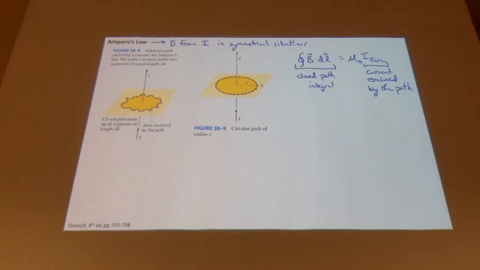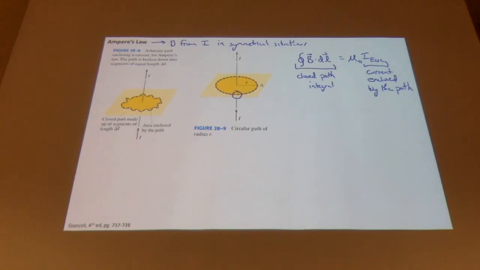You will notice that they have decided to draw a little path that goes around the current, around the wire that's containing the current. That path forms a circle of radius r that wraps around the thing that's creating the magnetic field.